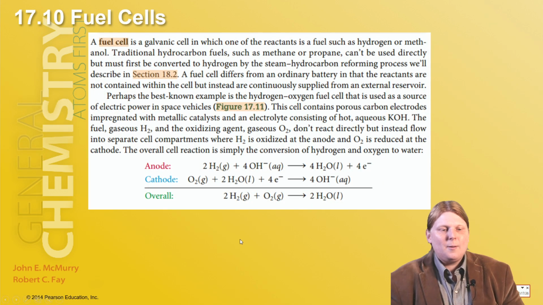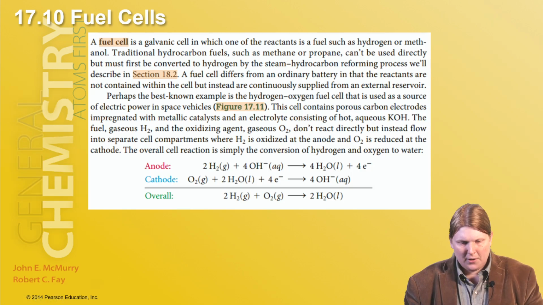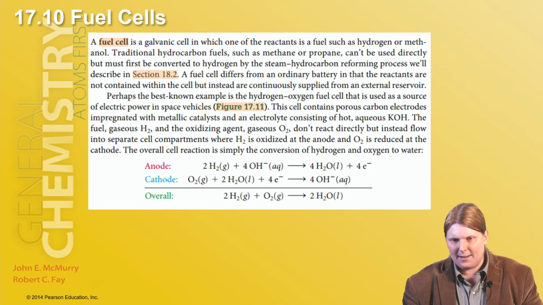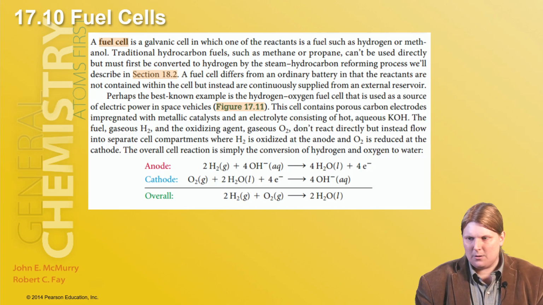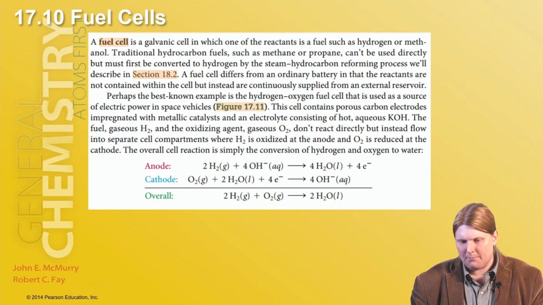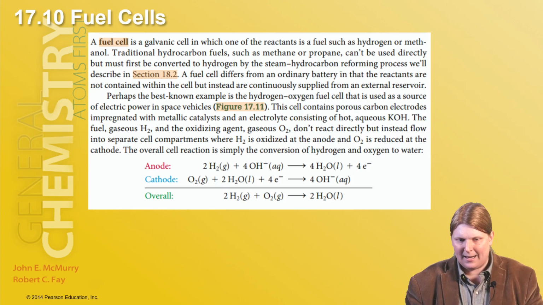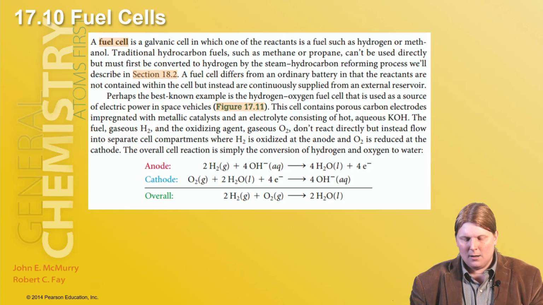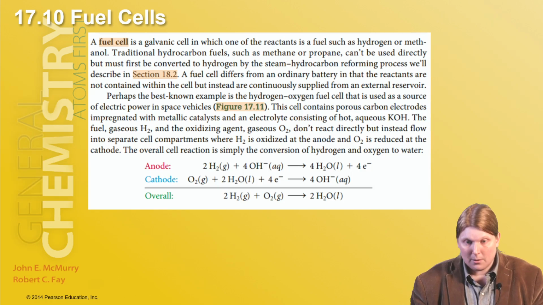So we'll talk a little bit about fuel cells. These are kind of interesting because they take something that would normally be combusted, like hydrogen gas or methane, which you typically just burn directly in an engine, and they turn it into something that can be electrochemically combined instead of being combined with a flame.